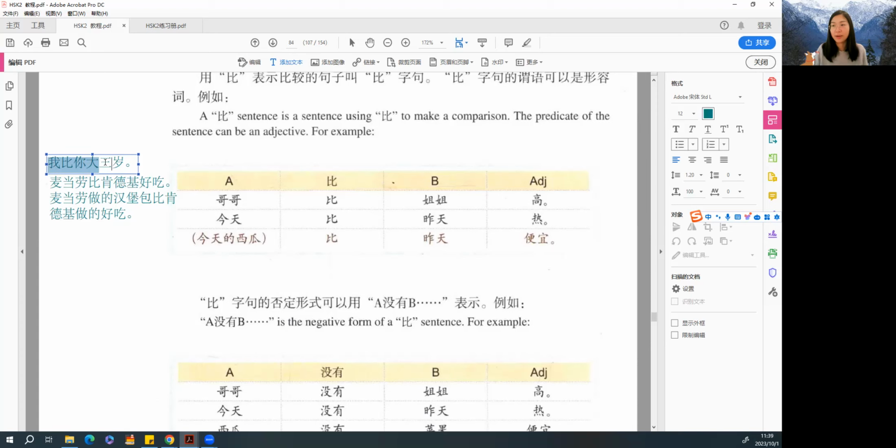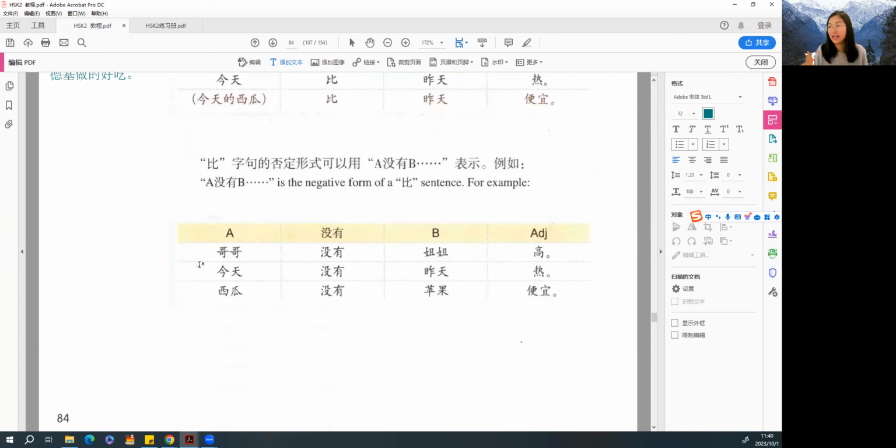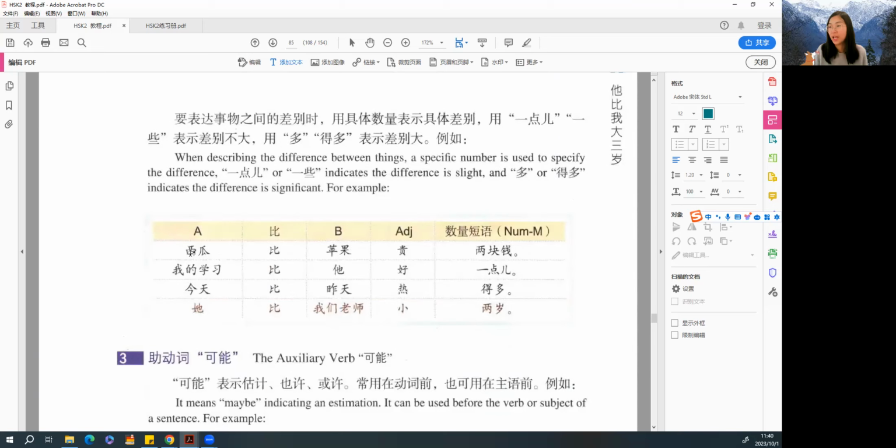So we want to know about the details. Now there's another example in the textbook here. 西瓜比苹果贵. So this is already, we know that the watermelon, 西瓜, is more expensive than apple, right? 西瓜比苹果贵. So please, 西瓜, the pinyin is here, all right?